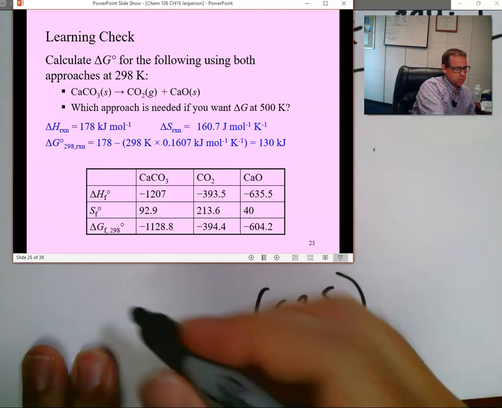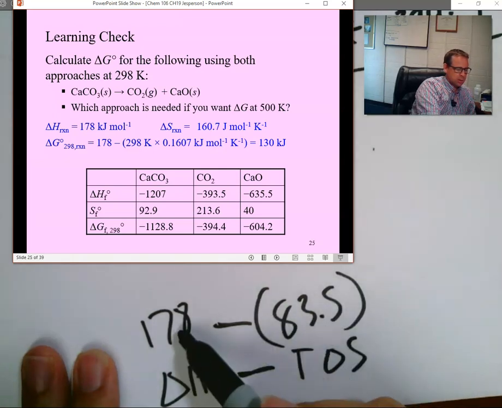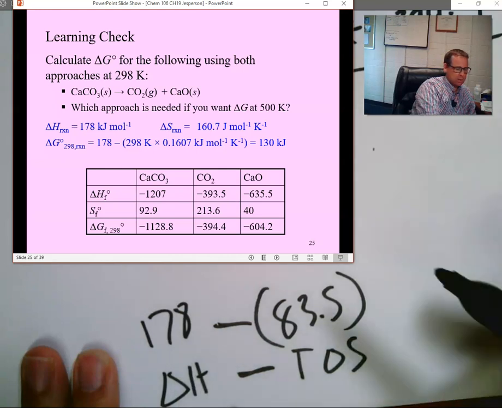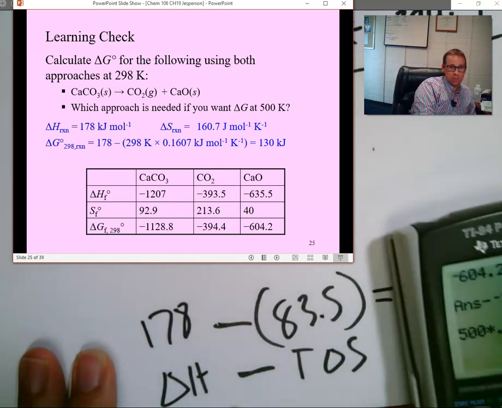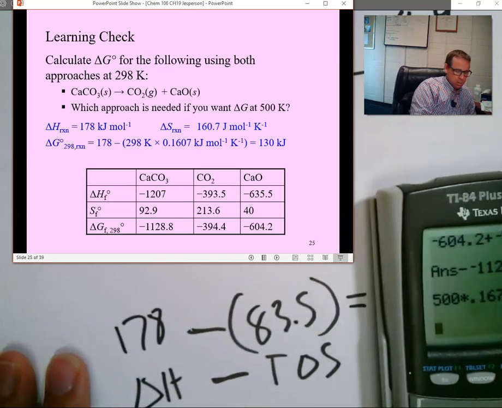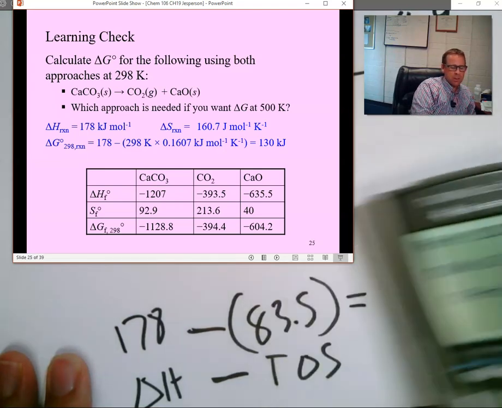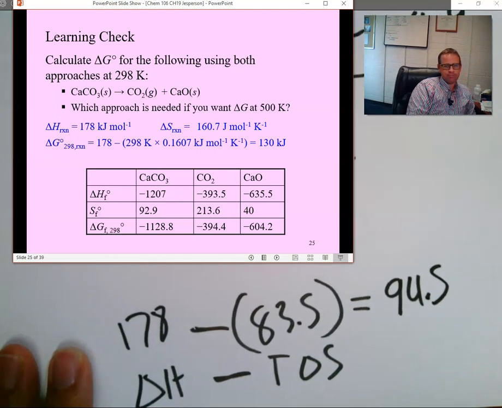Delta H is still 178. So this 83.5, that was at 500 degrees, so we're still not hot enough to get the 178 to result in a negative delta G. So right now we're at 178 minus our 83.5. We're still at positive 94.5. Okay?